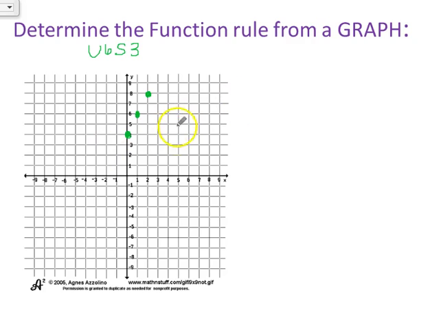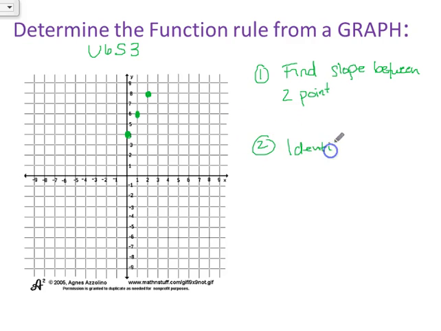So we can find the slope, just follow the same rules: find the slope between 2 points, and then identify the y-intercept. So we're doing the same exact steps, and then we're going to plug it into y equals mx plus b.